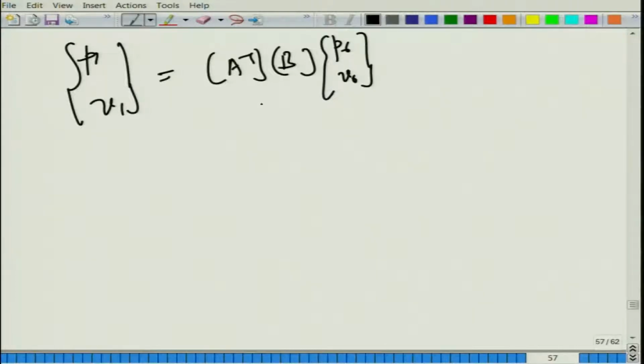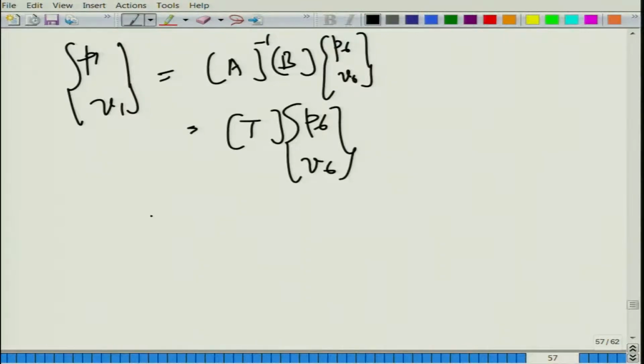So, I am calling this guy as T matrix times this thing. So, this is the relation between upstream and downstream variables after a lot of algebra. This can be verified from the book on ducts and mufflers by Munjal, and also previous papers by Salamet and others where it was first discussed.